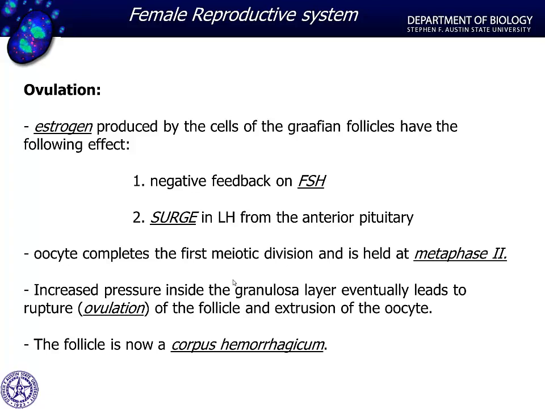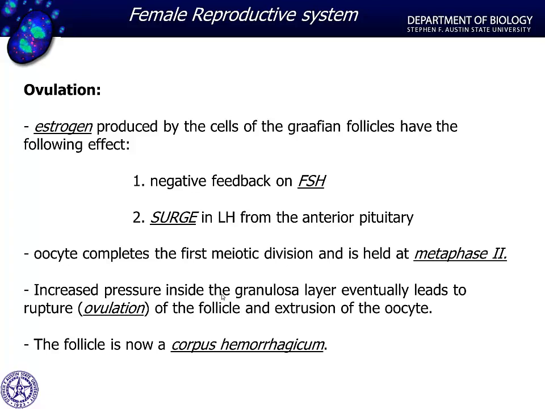Now, ovulation, this is going to be, again, under hormonal control and on a monthly cycle. So what's happening is the membrana granulosal cells and the theca interna cells are going to produce estrogen. Now, as more and more of these cells are formed, as you can imagine, more and more estrogen is going to be produced.